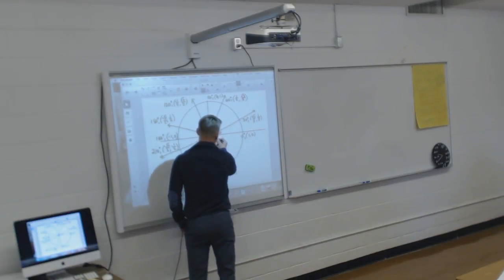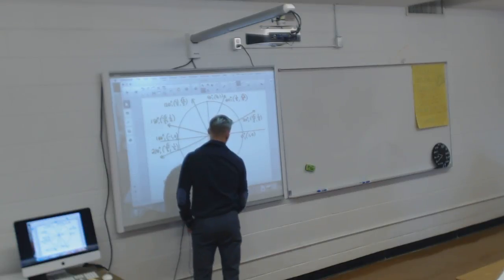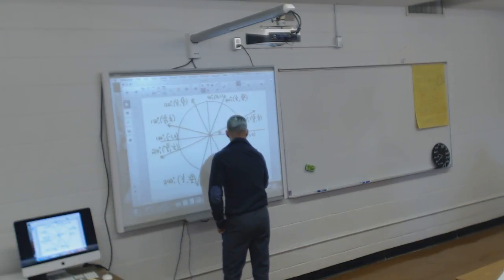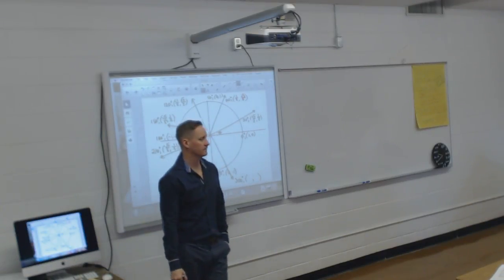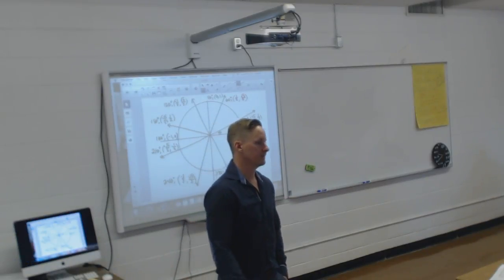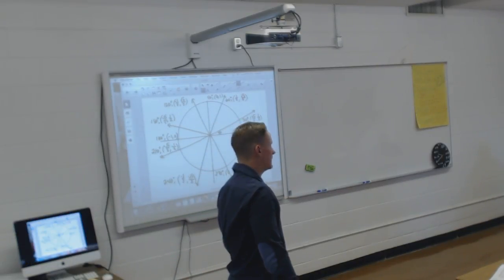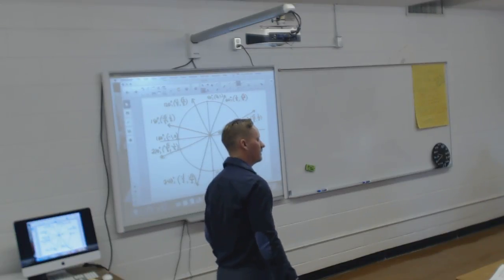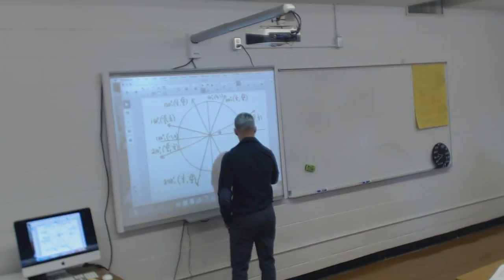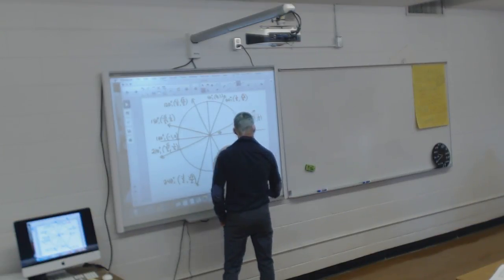Now let's go down this way. My next one is 300 degrees. Reference angle? 60 degrees. Therefore, what's my ratios? 1/2 and negative root 3 over 2. Very good, Sam.